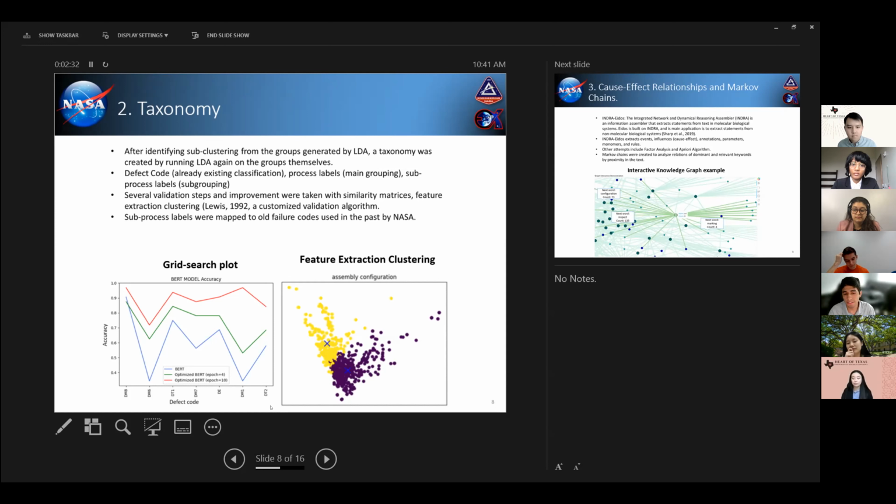This thing, I just use it to justify that there was some substructure in my classification, right? So, and then I run the model again, and you can say I computed some searches, and the one that had the optimal number of sublabels, I use those number of sublabels to create my taxonomy.